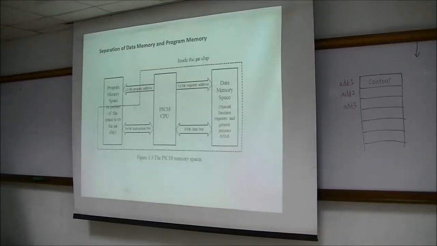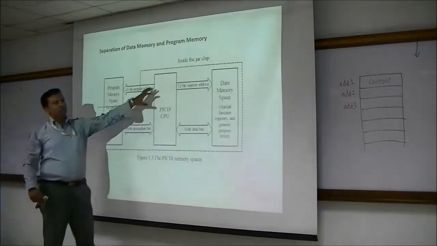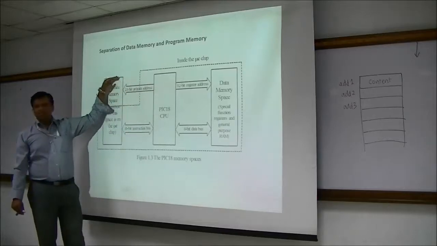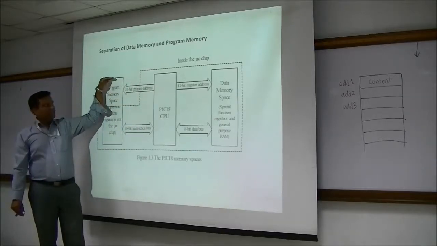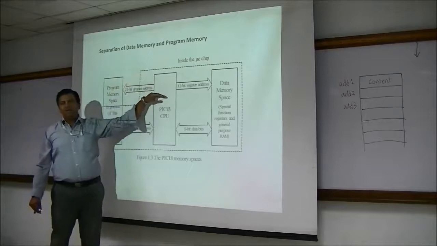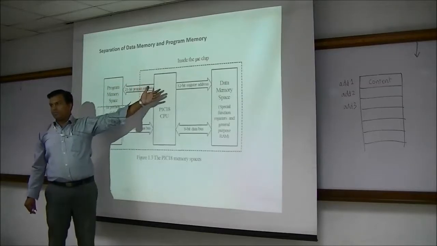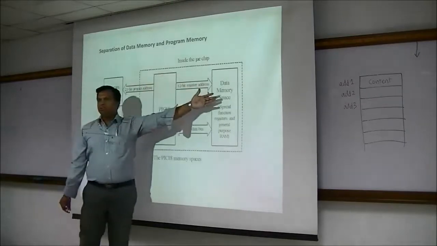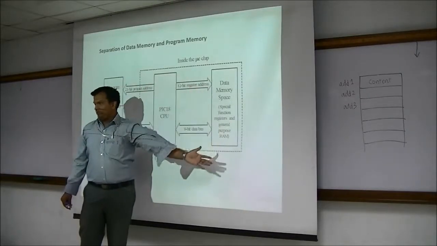As I mentioned earlier, when you want to execute a particular program, what does the control unit do? It will fetch the instructions from program memory one by one, it will come here, and then it will perform some task execution. Most of the time the execution is done at data memory because all your data are stored here.